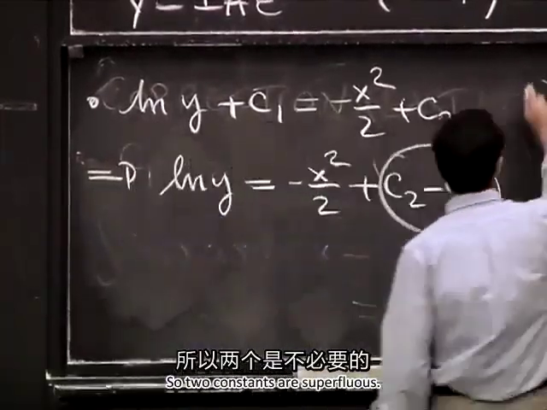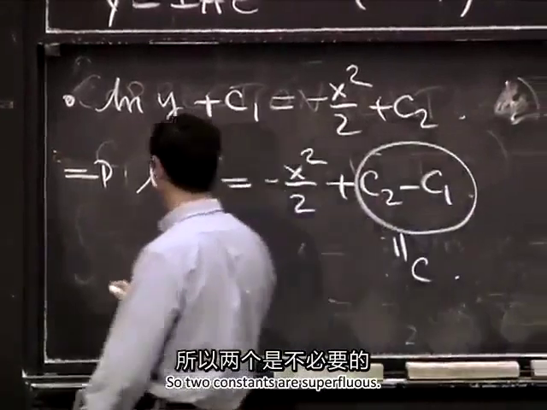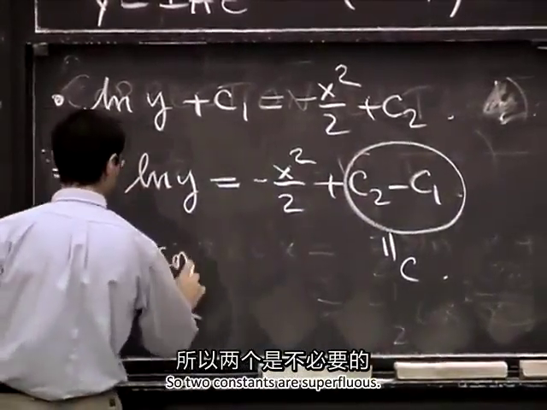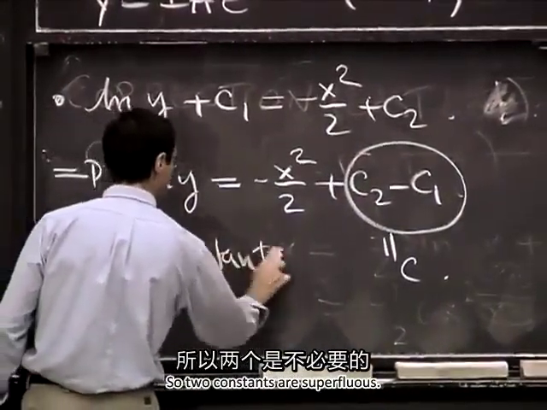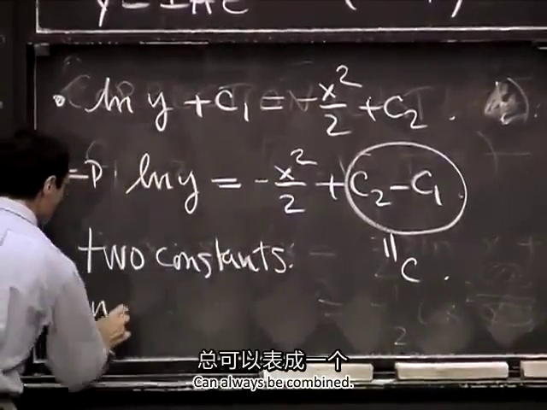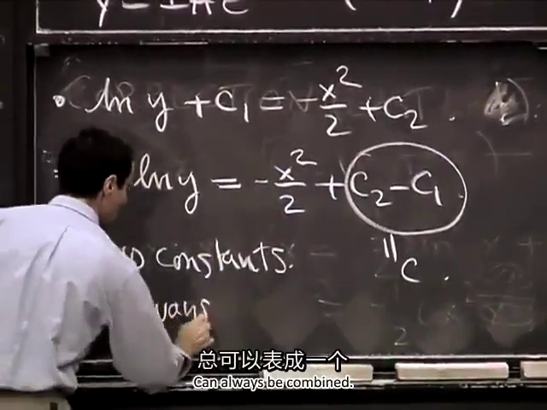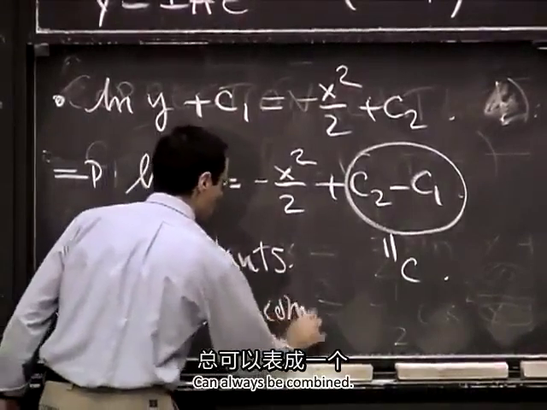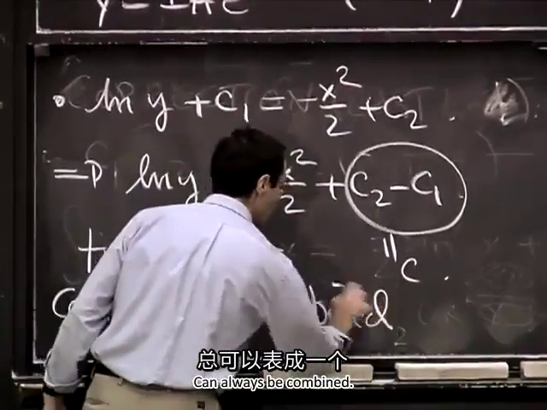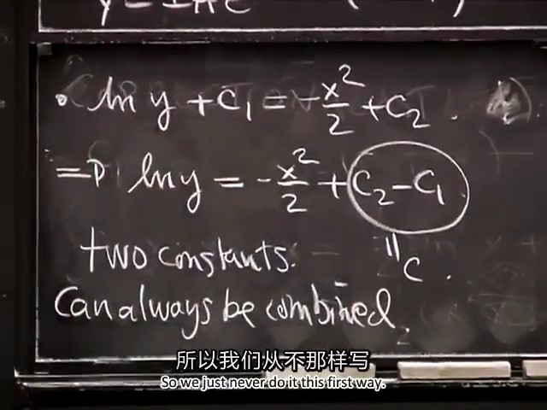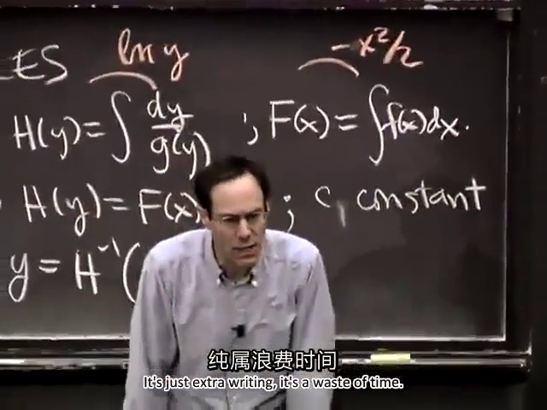So two constants are superfluous and can always be combined. So we just never do it this first way. It's just extra writing. It's a waste of time.